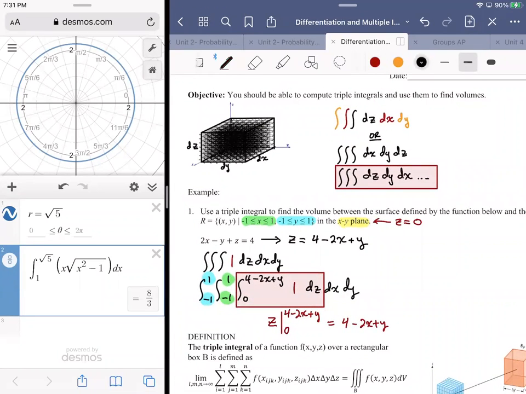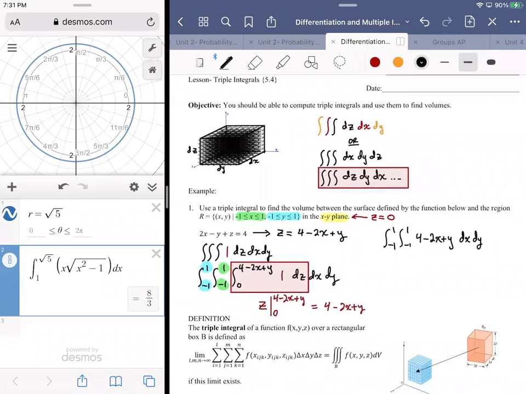So then what we're really looking at is the double integral over the interval of -1 to 1 in both cases of 4 minus 2x plus y dx dy.